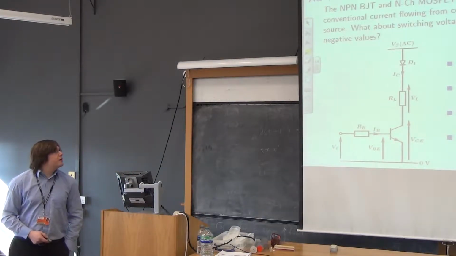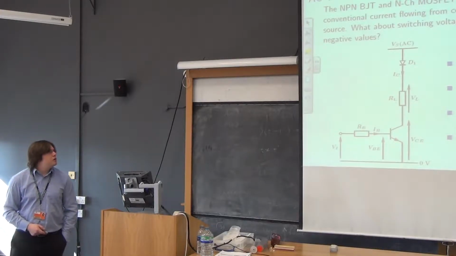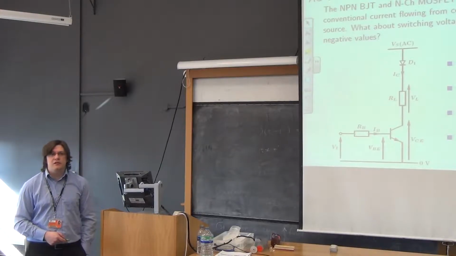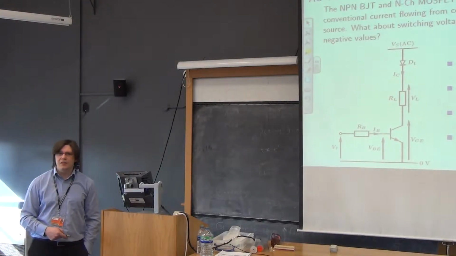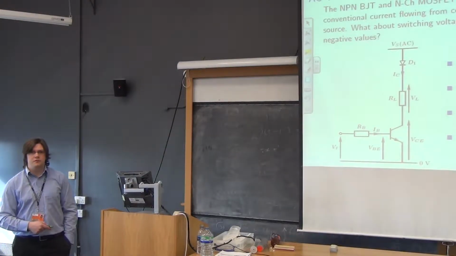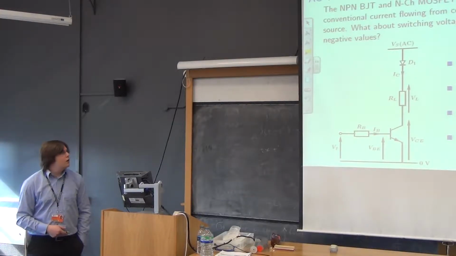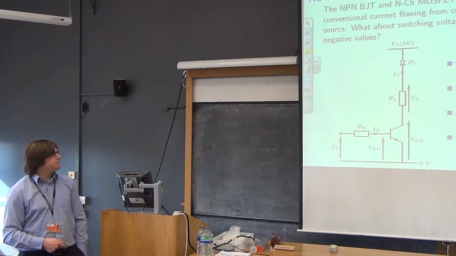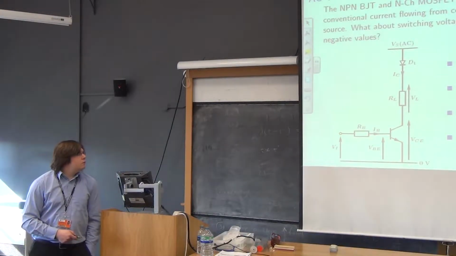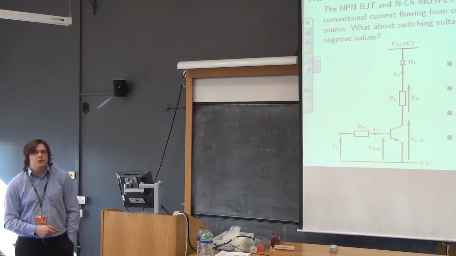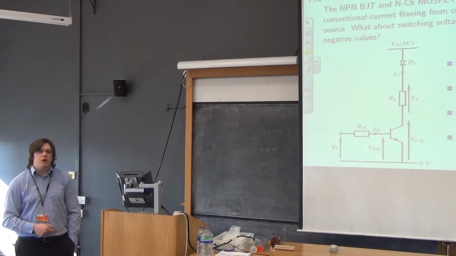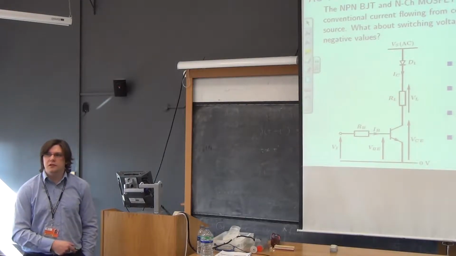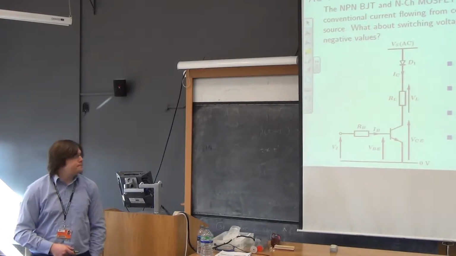So the NPN bipolar and N-channel MOSFET can only really be operated with conventional current flowing into their collector or drain, and the same applies to the P-channel except it's source and emitter. So conventional current into the emitter and conventional current into the source. What do we have to do to make it so that we don't end up trying to run a PNP transistor with conventional current flowing into its collector, which is the wrong way around?